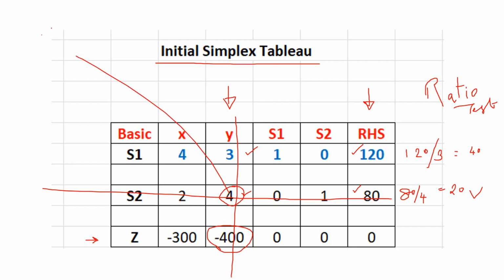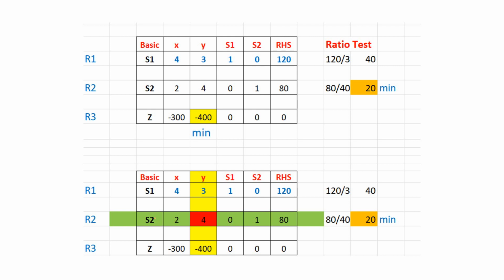This element is called pivot element. You understand? Now whatever I told you, this is the most negative, and here this is the minimum. So they meet at this point. This element is called pivot element. Then this is row 1, row 2, row 3.